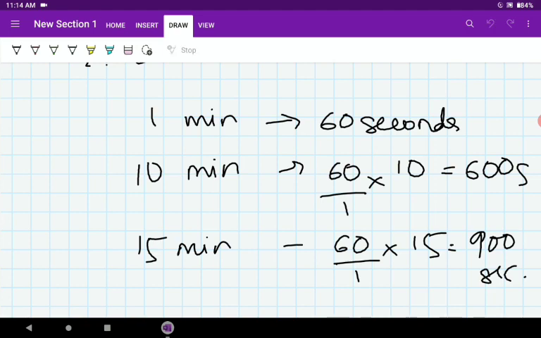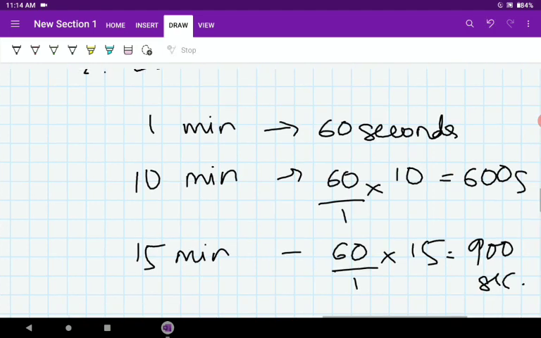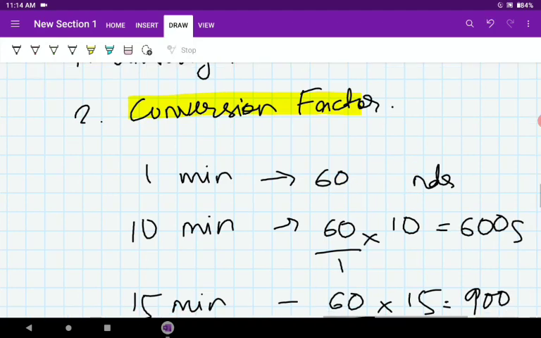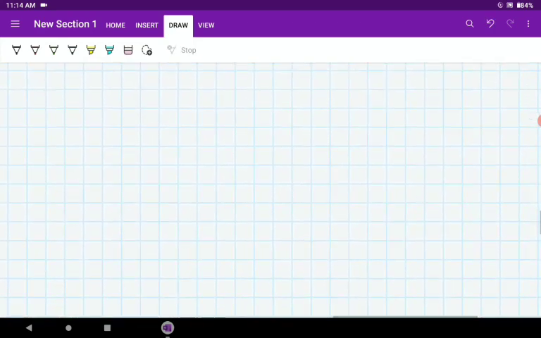Another way which you can do is using the conversion factor. How will you do it? You will do it in this method. If you are asked to convert 5 kilometers into centimeters, now see what you have to do.